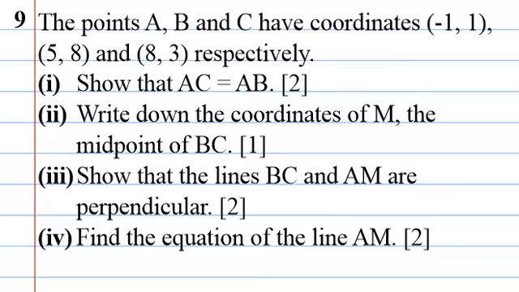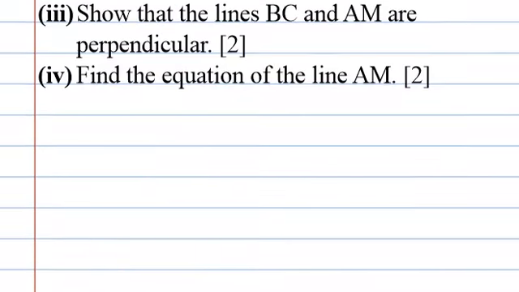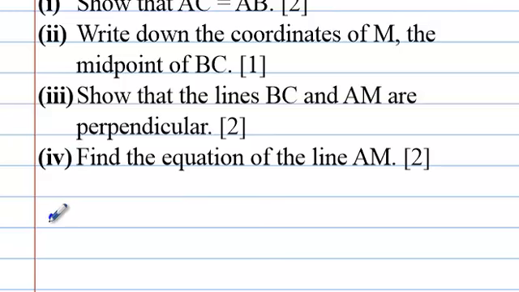Question 9, we've got 3 points. We can sketch those if we want, but I'm going to do it just arithmetically. Show that AC equals AB. So to do that, let's just scroll that back down for part 1.